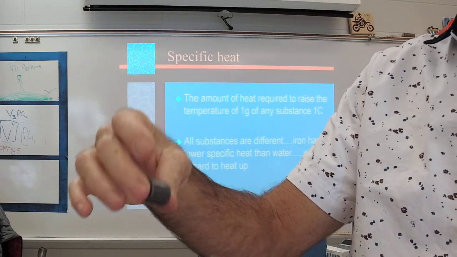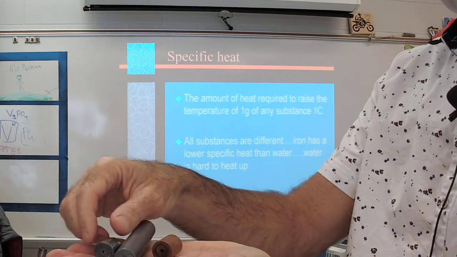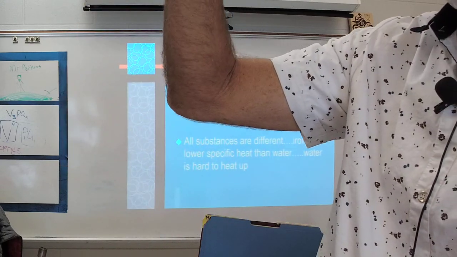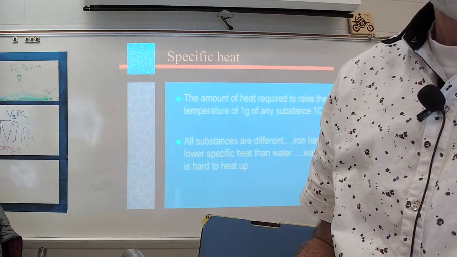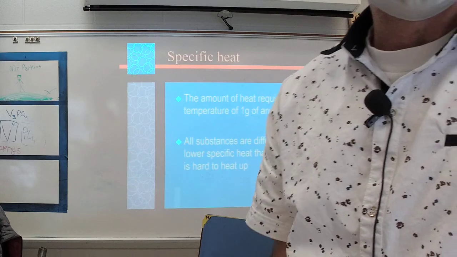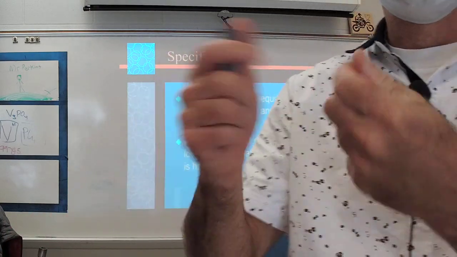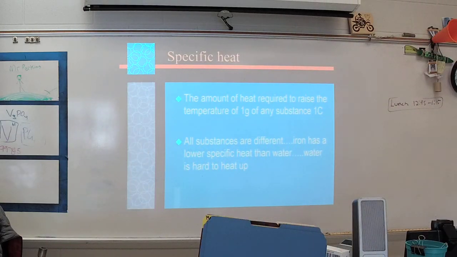And the thing is, they're all equal in mass, all right? Now, if you had a heat lamp or the sunshine and you shined it on all 3 of these objects for 30 seconds, and then you touched them, they would feel like they were 3 different temperatures. Why? Because they absorb heat and they release heat at different rates, okay?